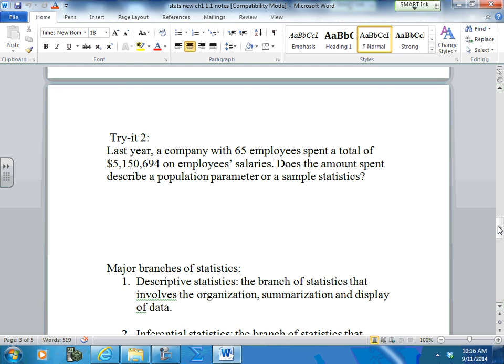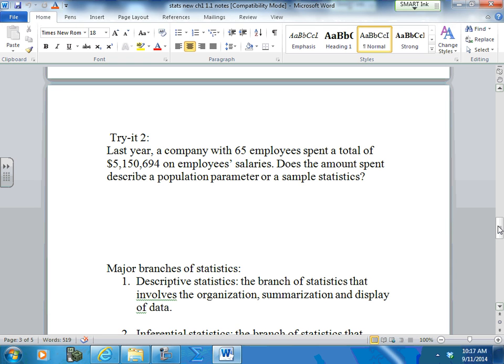So you guys take a minute and try this. Think about it for a minute. Does the company have more than that many employees?